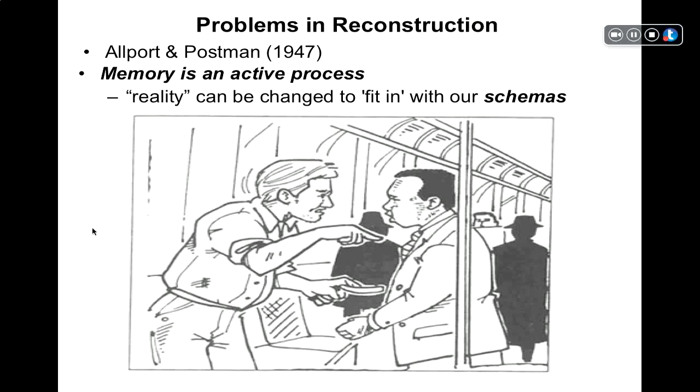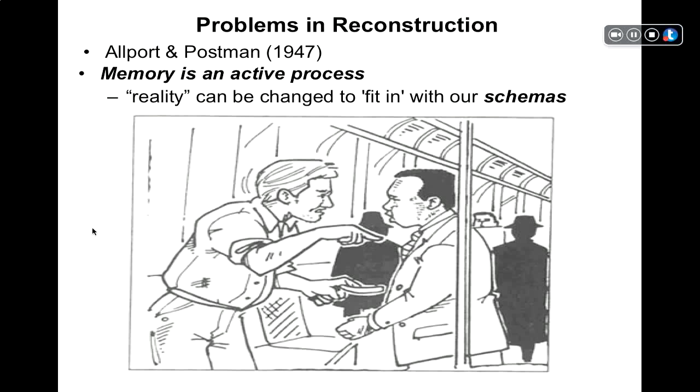So what this suggests is that if we have a schema for crime and who is more likely or not to commit a crime, we may change the actual event such that it corresponds with our schema. This study was conducted back in 1947, and I suspect schemas have changed since then.